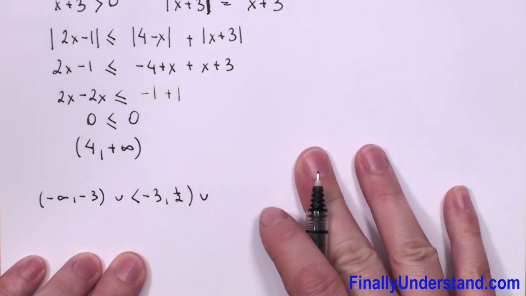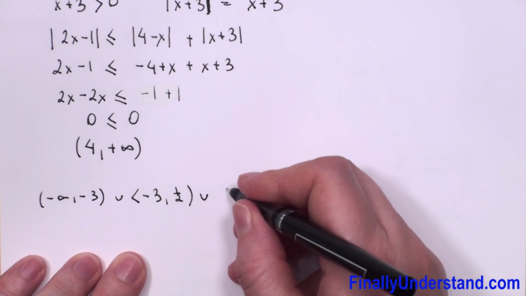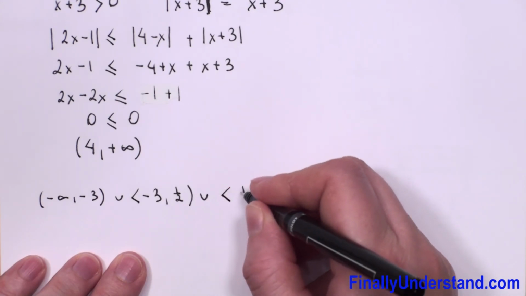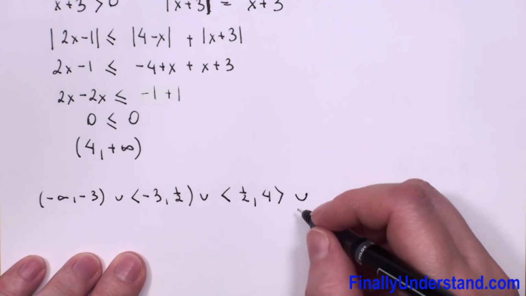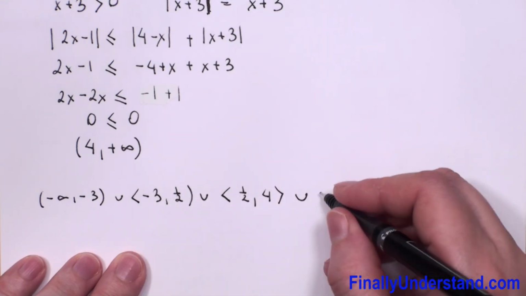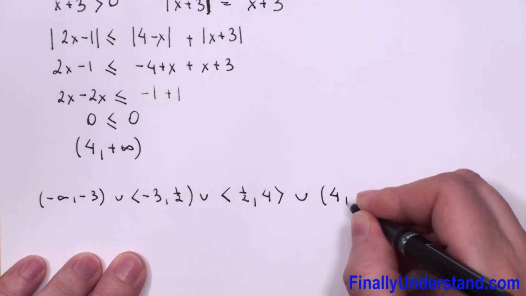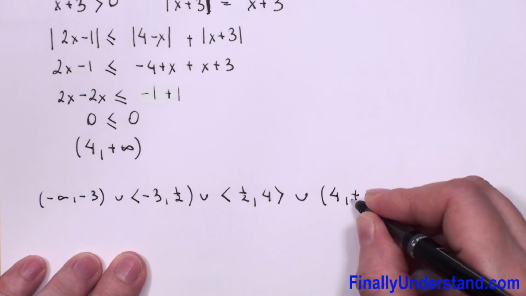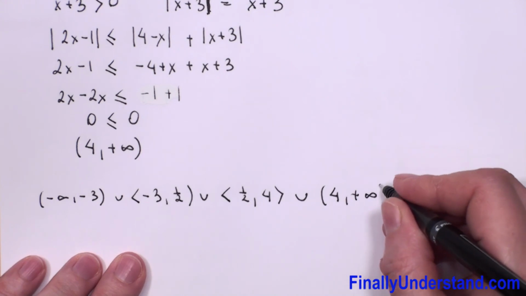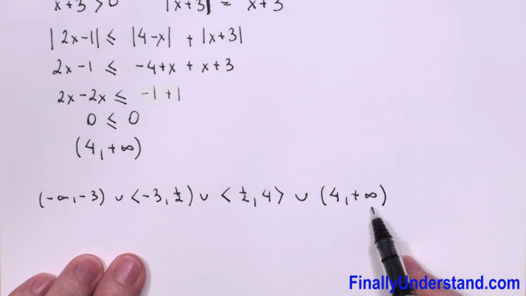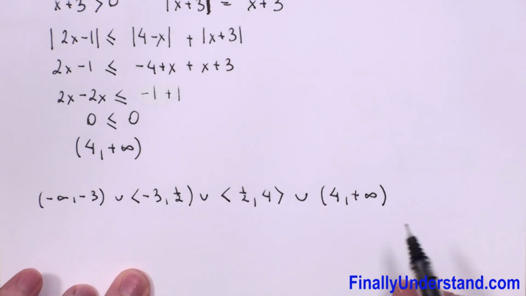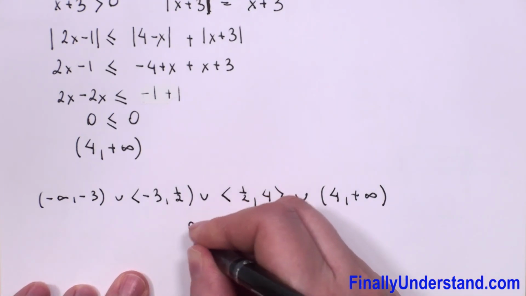From the third case we have interval closed on both sides from 1/2 to 4. And from the fourth case we have interval from 4 to positive infinity. So we see these four intervals give us all real numbers. So the solution for this inequality is all real numbers.